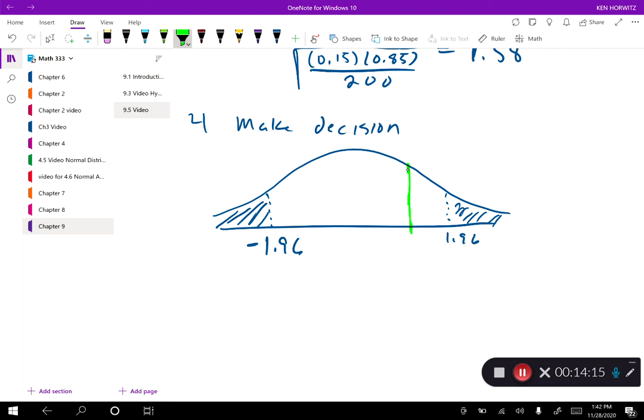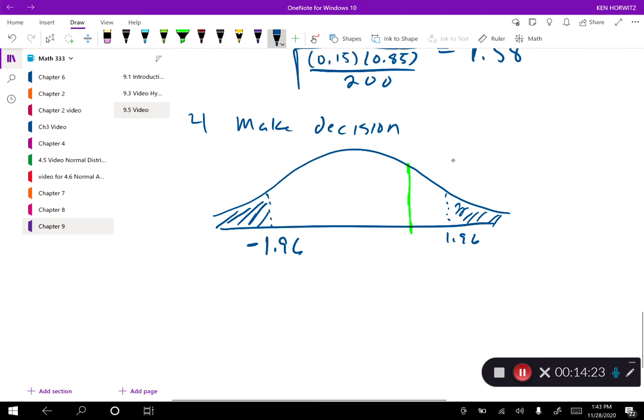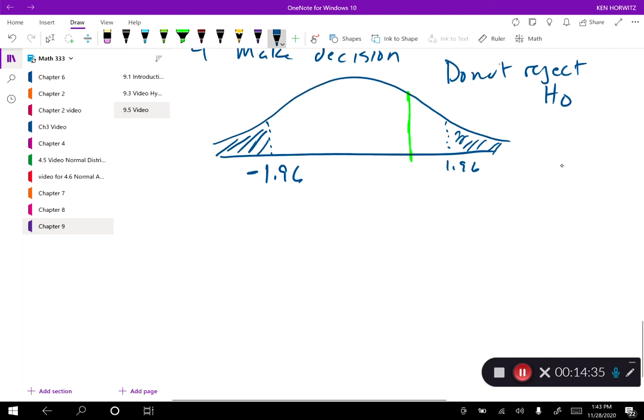And that's outside of my rejection region. So I'm going to suggest that we do not reject. We do not reject our null hypothesis.